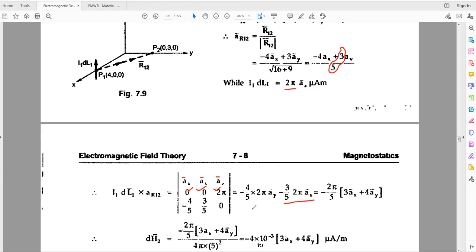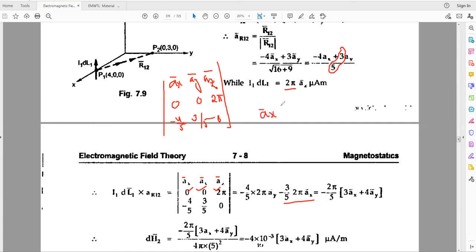So I will explain here, without confusing AX bar, AY bar, AZ bar. IDL bar, the first you take 0, 0, 2π, and the minus 4 by 5, and the 3 by 5, and the 0. You need to apply the cross product here.